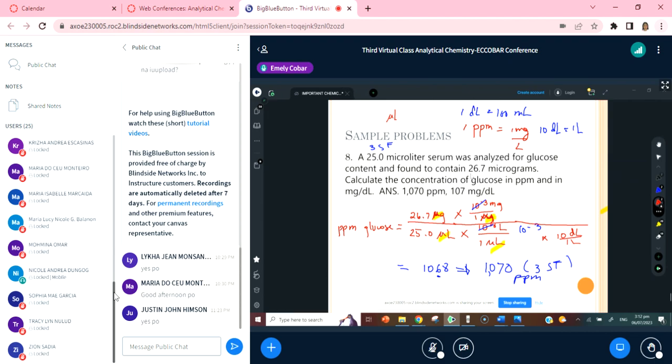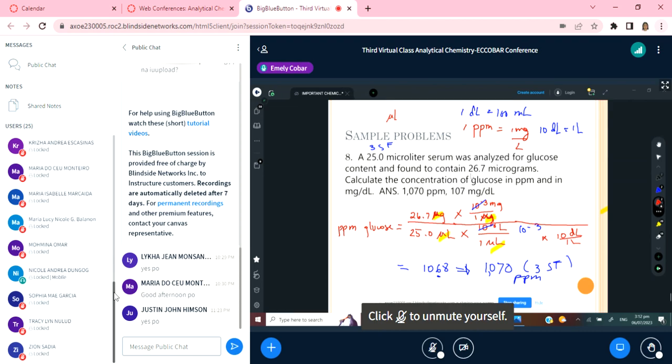So, your glucose is 26.7 micrograms. Then, your solution, which is blood serum, is 25.0 microliter.